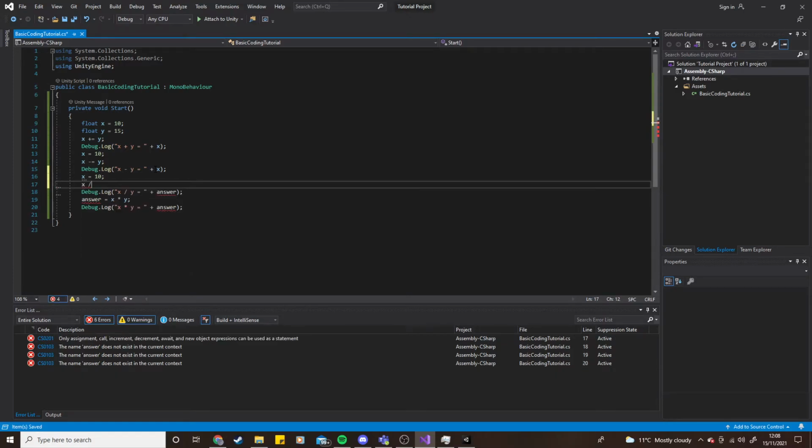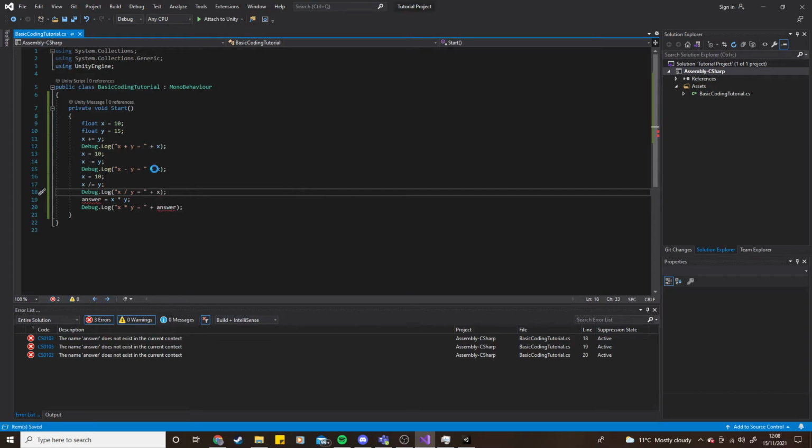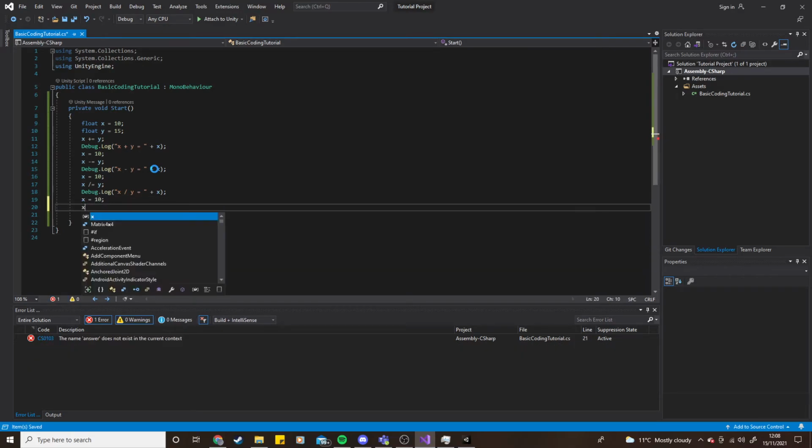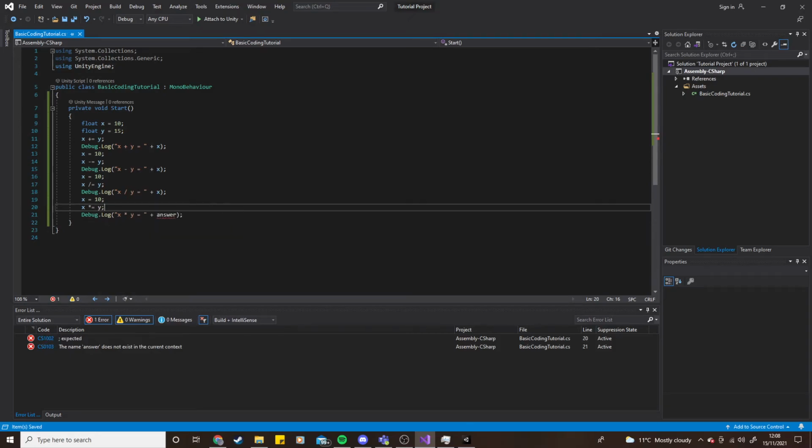X divide equals y. Output x. X equals 10. X times equals y. And that's output x.